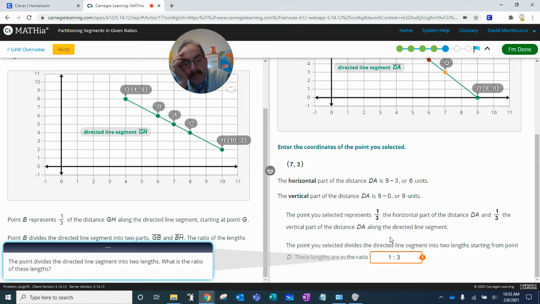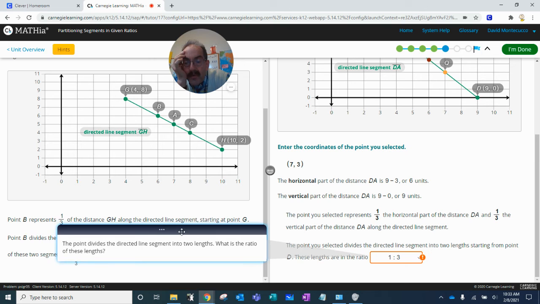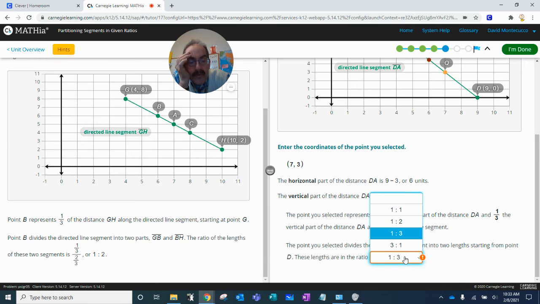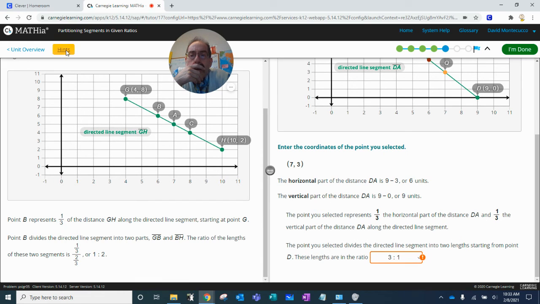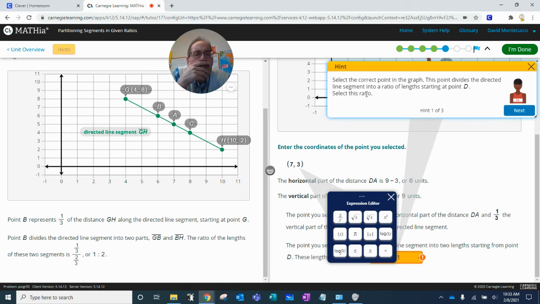Segments are 1 out of every 3 into 2 lengths. What is the ratio of the 2 lengths? 1/3, 3:1. Why are they saying 1:2? Select the point on the graph that divides into the two ratios.